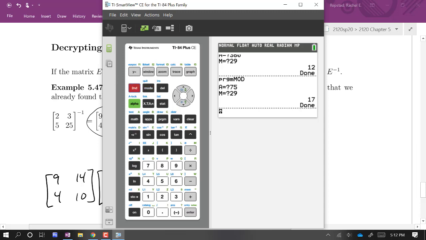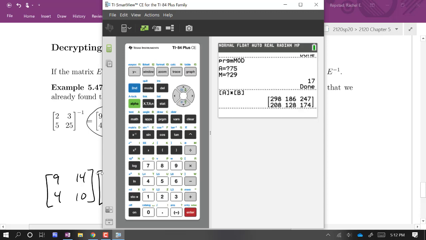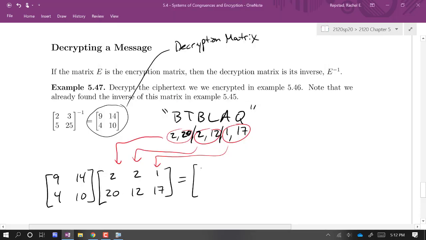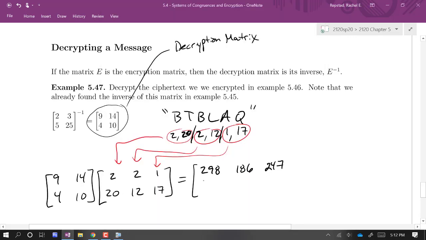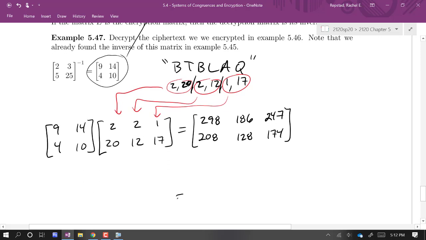So now I'm going to take matrix A times matrix B, and I get 298, 186, 247. And the second row, 208, 128, 174. Again, these numbers won't show up on our table anywhere, but I'm going to reduce them mod 29.